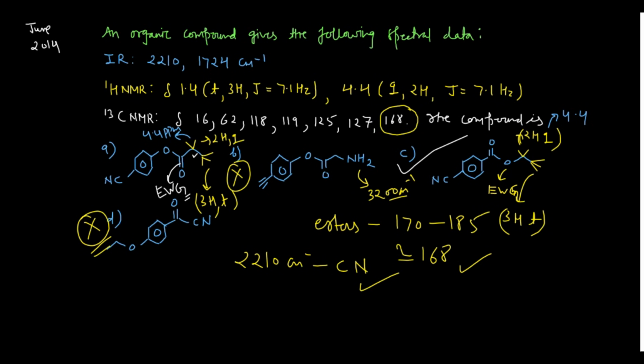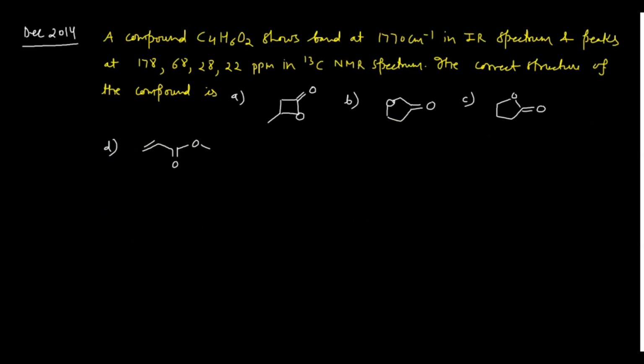Okay, now moving to the next problem. My next problem says, guys, a compound with formula C4H6O2 shows a band at 1770. Again, it is the ester. See, guys, this carbonyl group is very important.